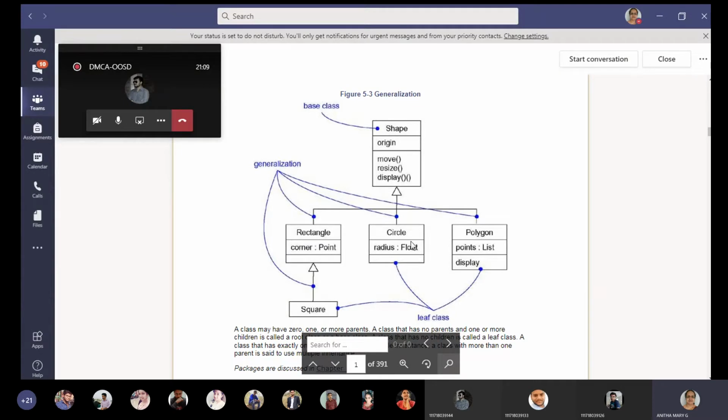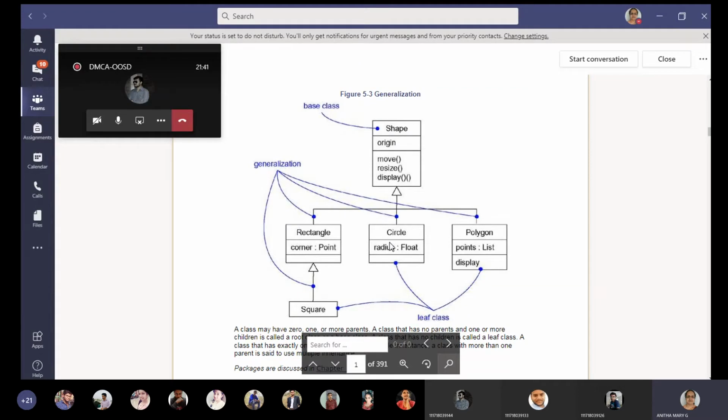Different shapes like rectangle, circle, polygon and all. In such a case, when there is the division of one thing into types or classifications, then I can give generalization, parent-child relationships. Logically, programmatically, you already know all these things, but how to show it in graphical representation, that is what I am emphasizing.